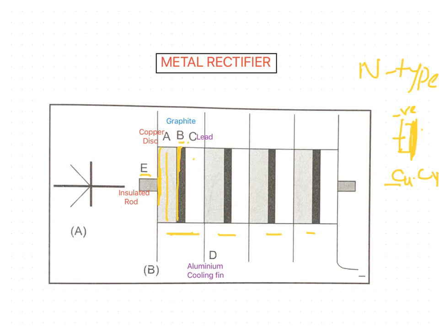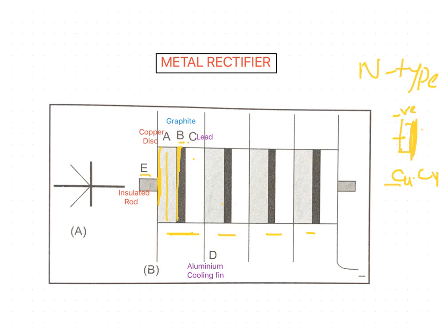C is called the lead disc. After this lead disc there is a fin. This D is called the fin, which is made of aluminium. It is called the aluminium cooling fin, and it separates this unit from the next unit. So this is the structure.